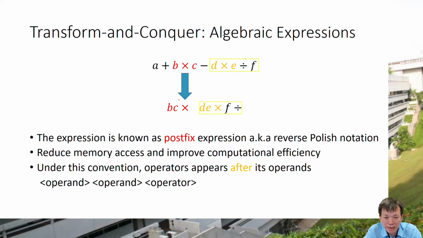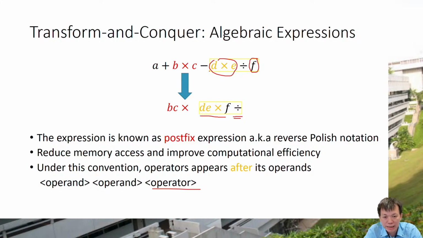Then the next calculation is this one. So I need to move this one and this one. These two become an operand. Okay, D times E is one operand. After you multiply, the result is another number. So these two will move to the front, and then this division operator will be put at the back.